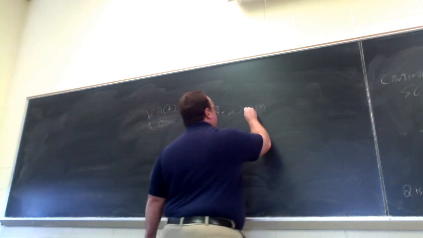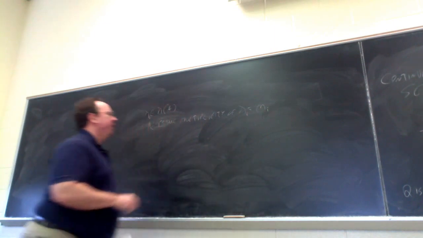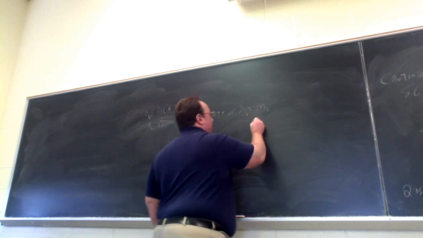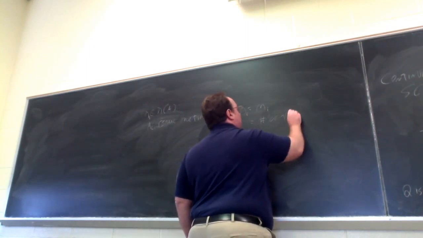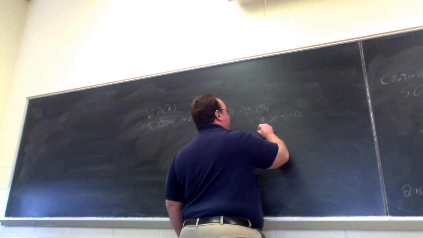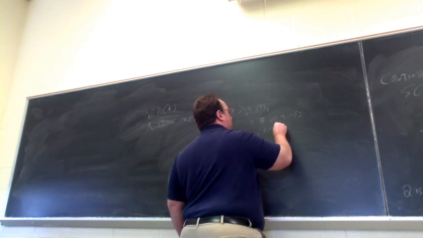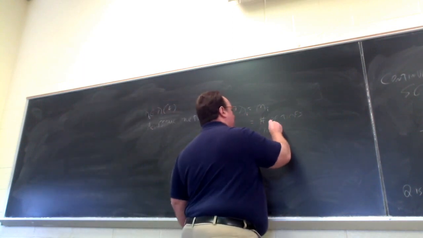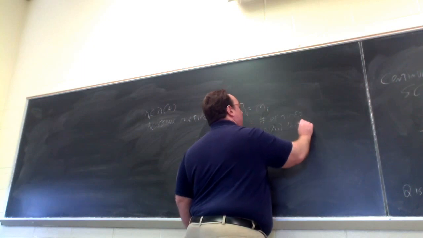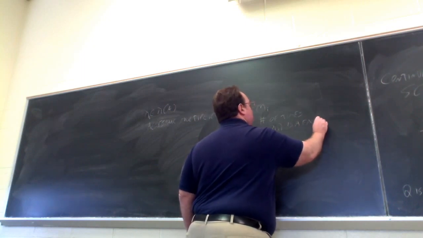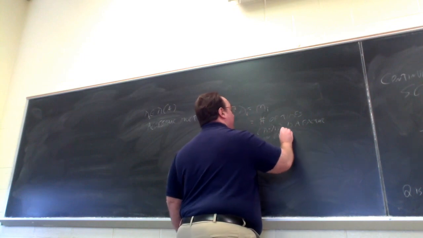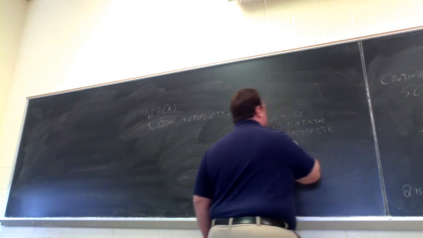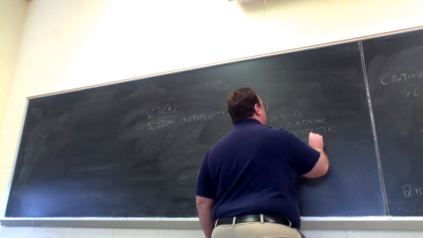I'll call this multiplicity m_i. What I mean by algebraic multiplicity is the number of times this factor, lambda minus lambda_i, is a factor in the characteristic polynomial. In other words, the actual multiplicity of lambda_i as a root of that polynomial.